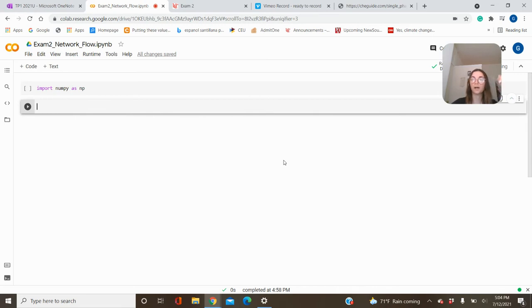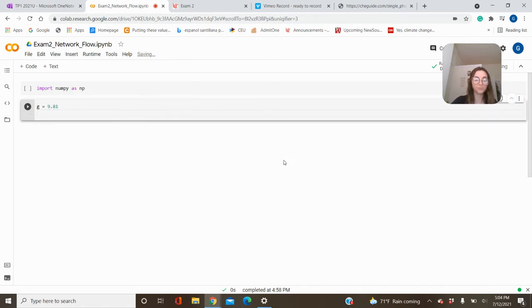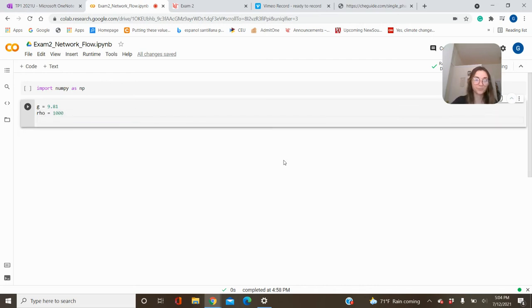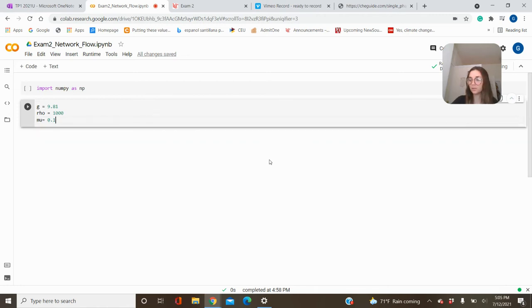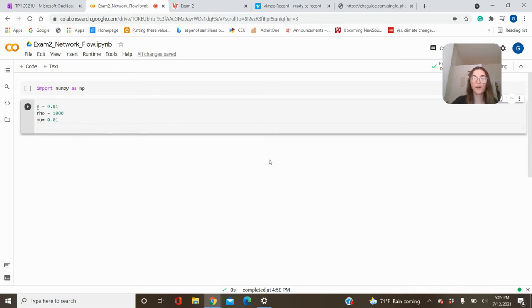Next, we're going to set all of our constants that we'll be using for our equations. Our gravity constant is going to be 9.81. Rho is equal to 1,000. Mu is going to be equal to 0.01.